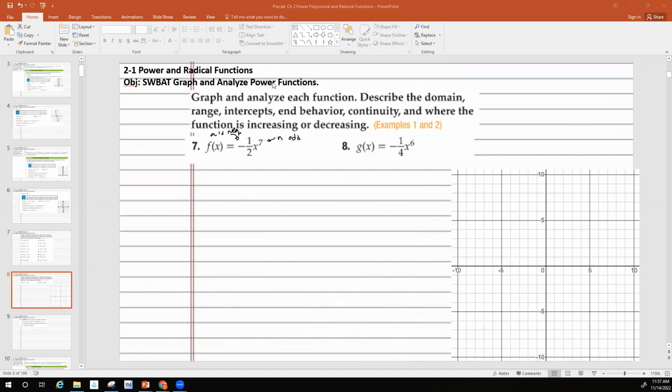All right. So let's look at it. Let's make our table. Now I'm going to put a y. It's the same as f of x. Okay. So we have 1, 2, 3, 4, 5. So I have 5 spaces here.